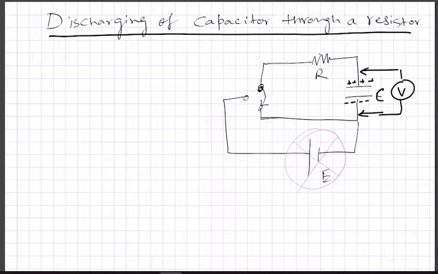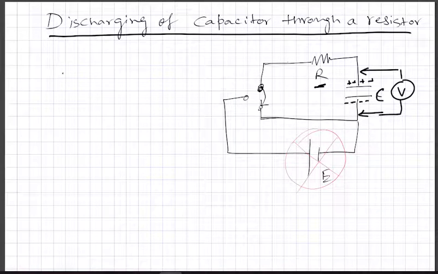They set up a current so that the capacitor gets neutralized after some time. It doesn't happen immediately because there is a resistor. It doesn't allow the electrons to flow just as they like. It gives a resistance. So we need some time for the charge to be neutralized.